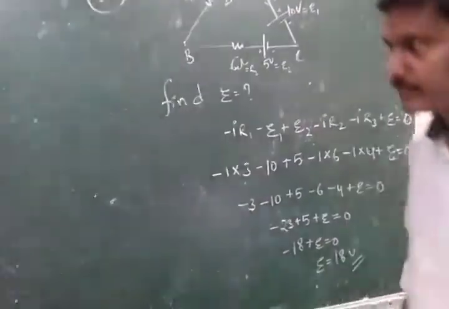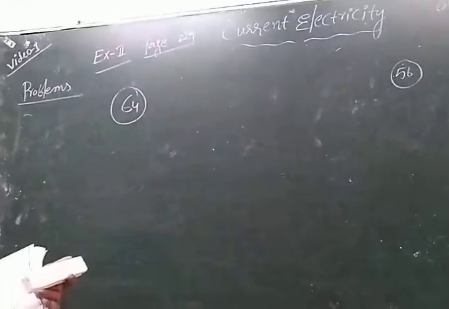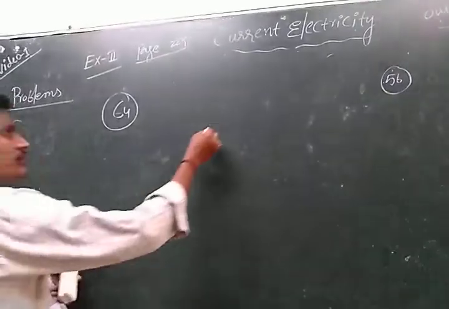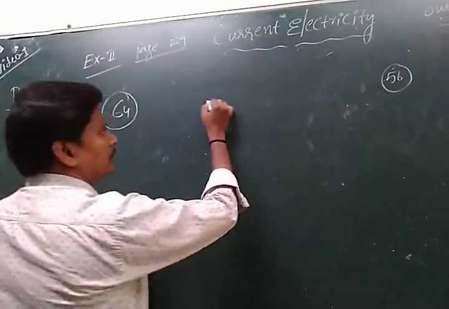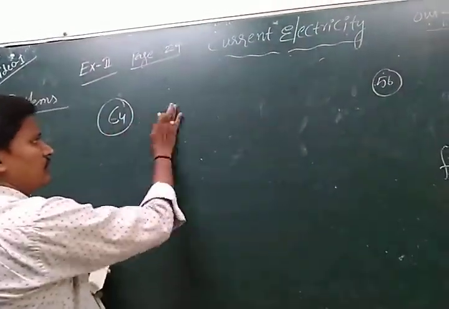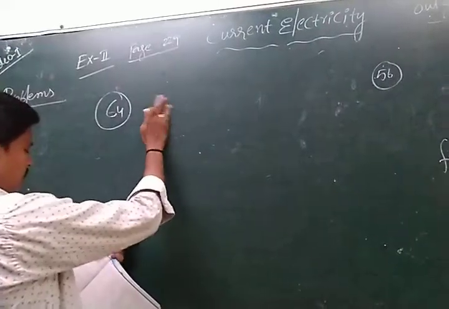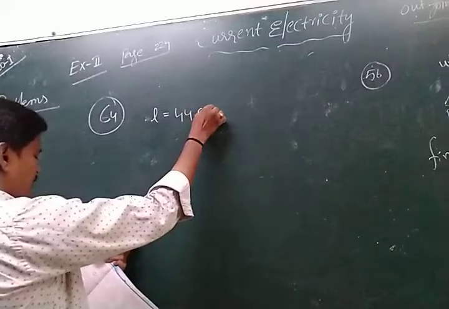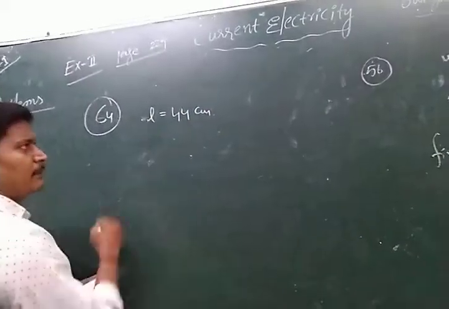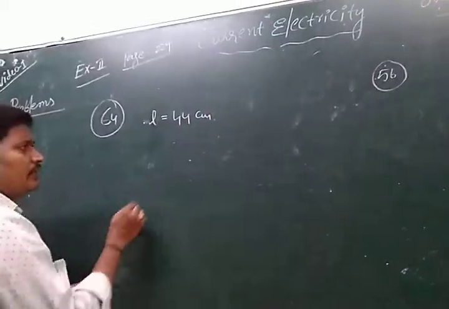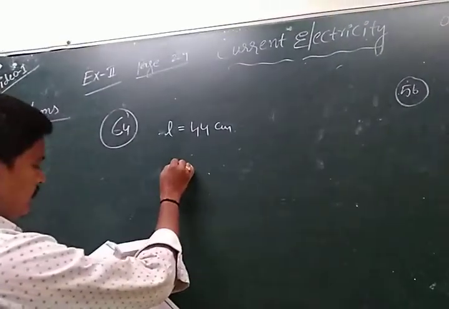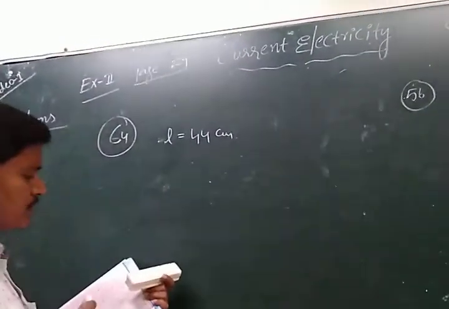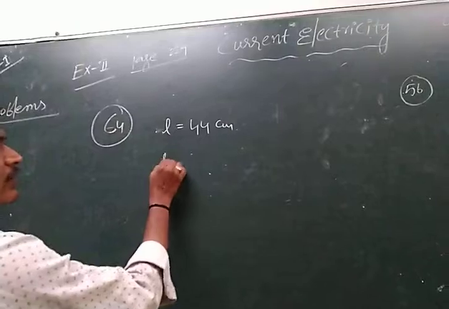Okay, a balancing point in a meter bridge is given. The balancing point is L equal to 44 centimeters. In a meter bridge, whenever the resistances are interchanged, find the new balancing point L dash.